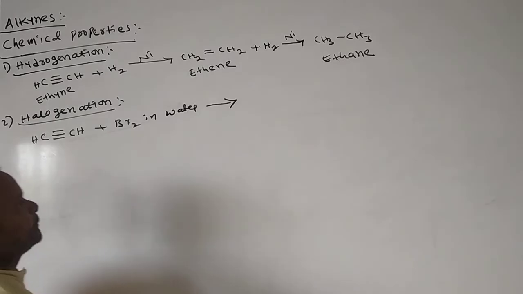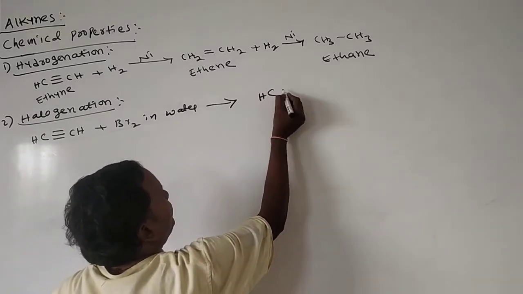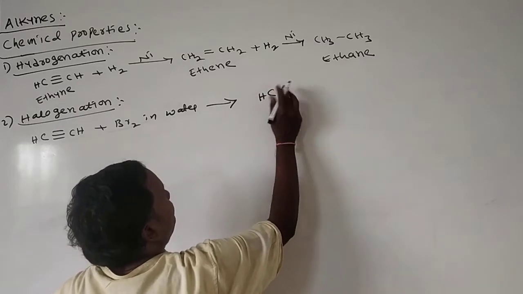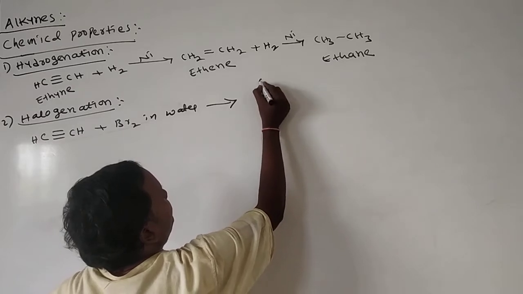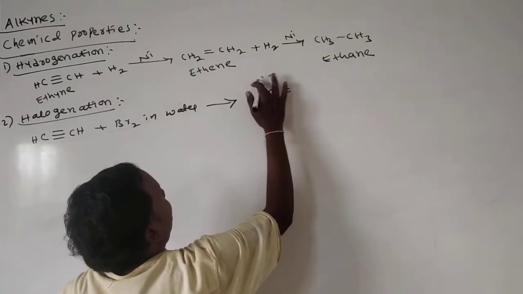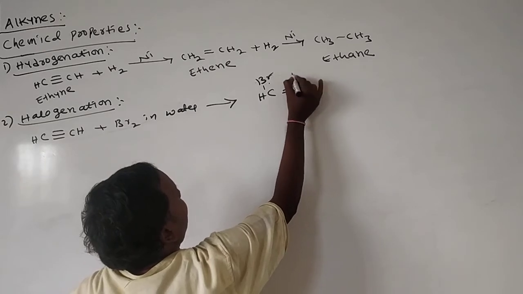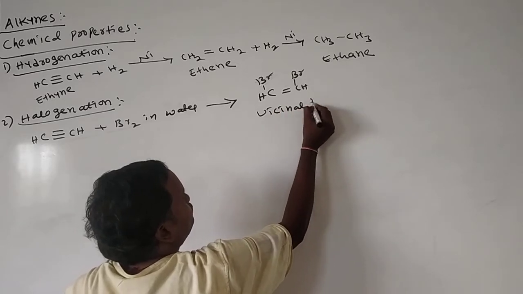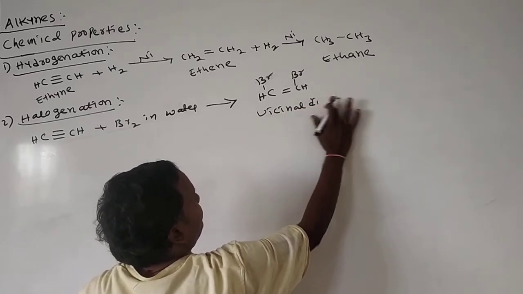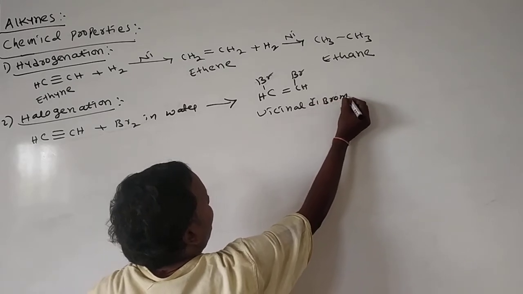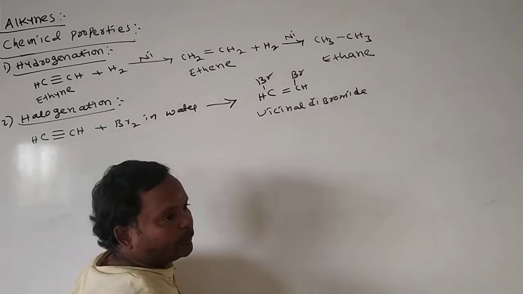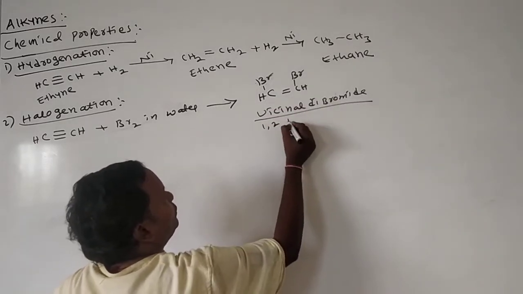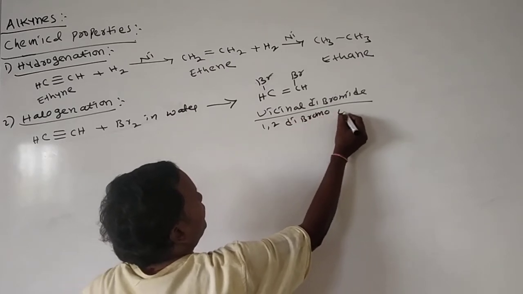We get the dihalide, CH Br double bond CH Br. This is a vicinal dibromide, or vicinal dibromo compound, that is 1,2-dibromoethene.